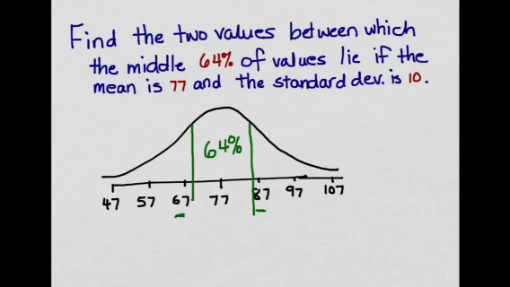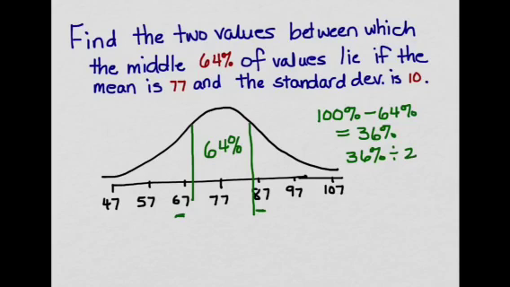So to find the percentage that falls in the left tail and the percentage in the right tail, I'm going to take 100% minus 64%, and that gives me 36%. And that's the total of the two tails. Since there's two tails that have half of the values each, we divide that 36% in half, and I've got 18% for each tail.